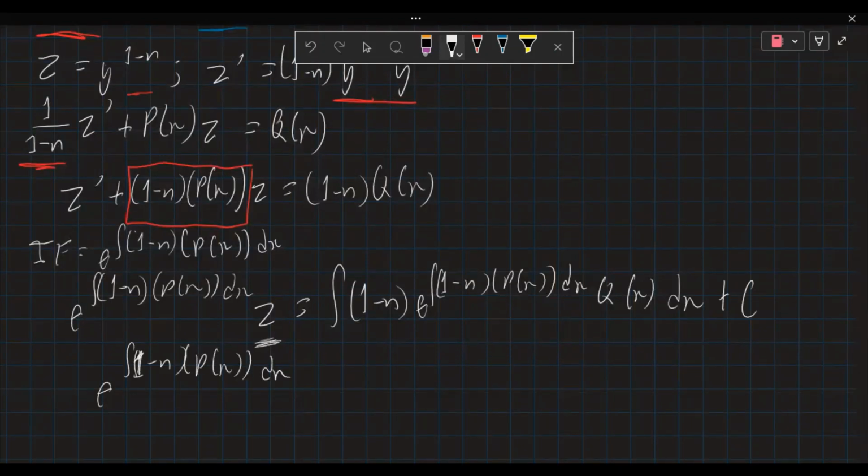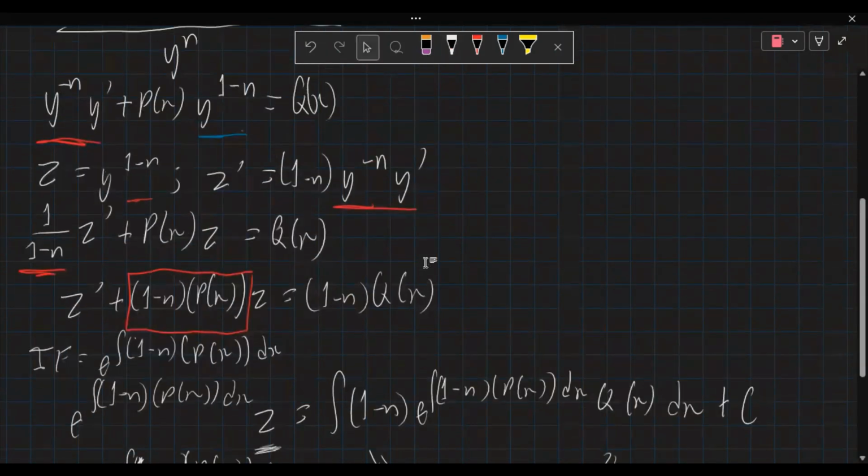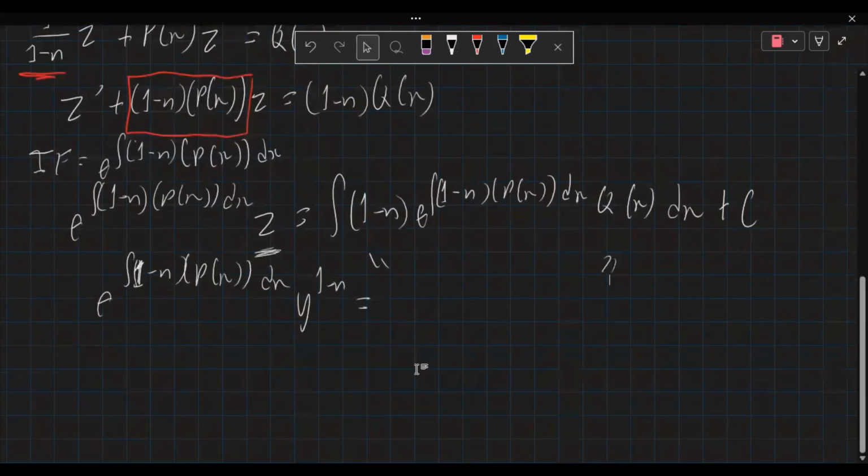Same lang dito. Ayun. And then that's for Bernoulli. So let's go to the next classification under solvable by substitution.